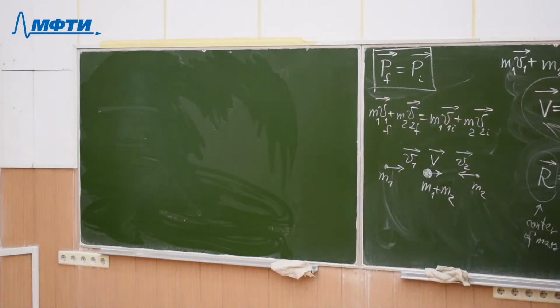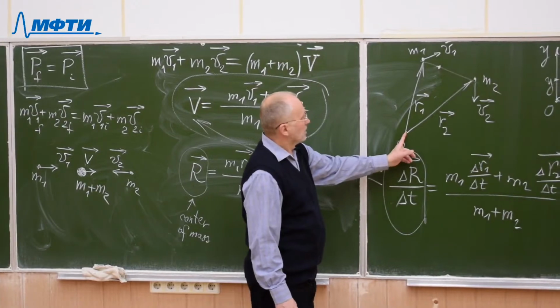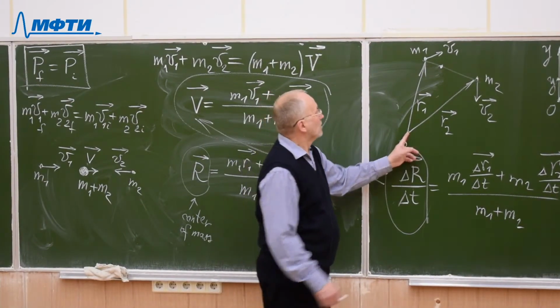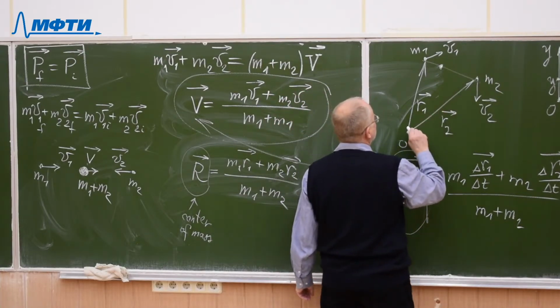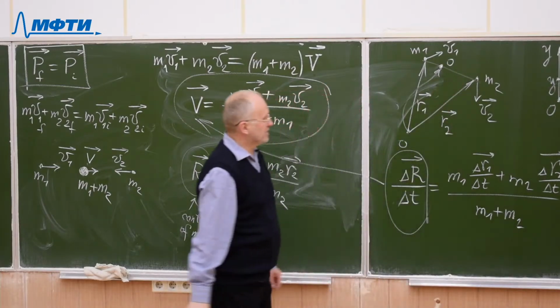Suppose the point O of our frame of reference coincides with this center of mass. So we imagine that the point O is located here, at the center of mass.